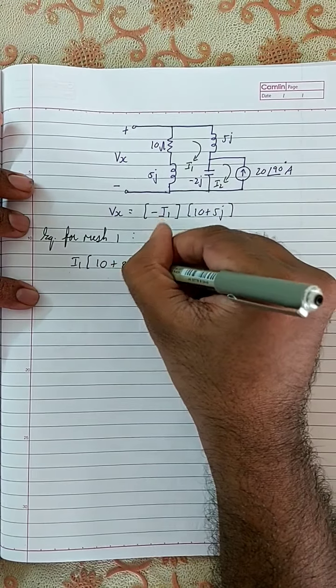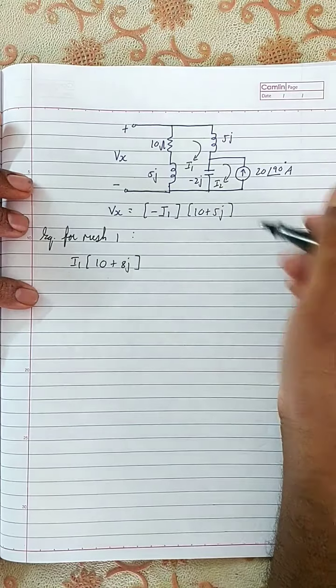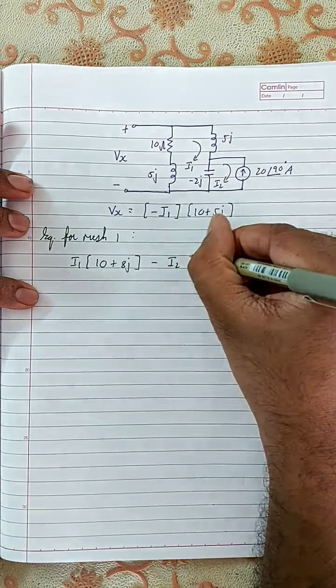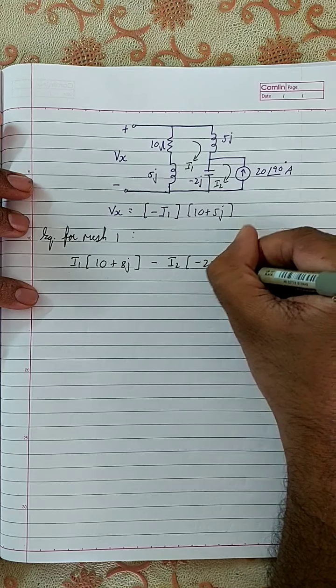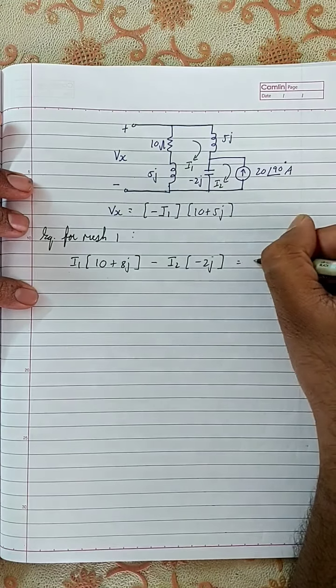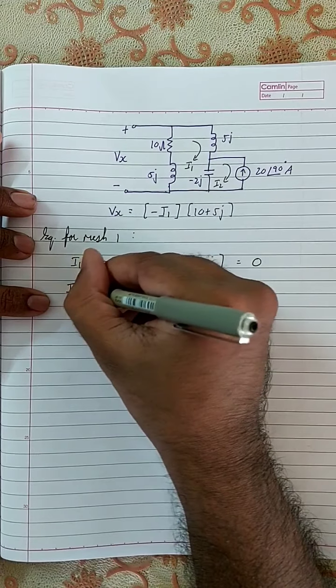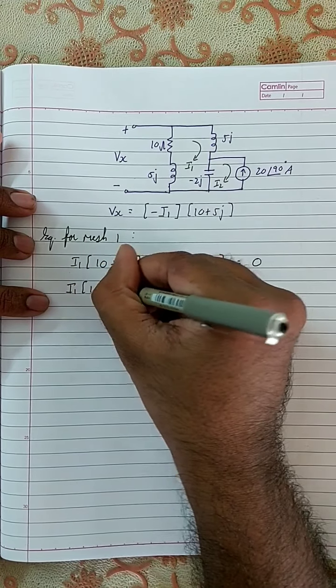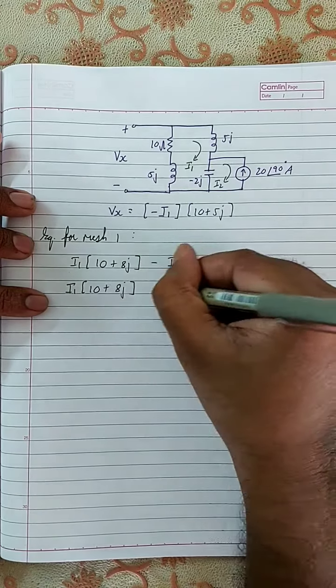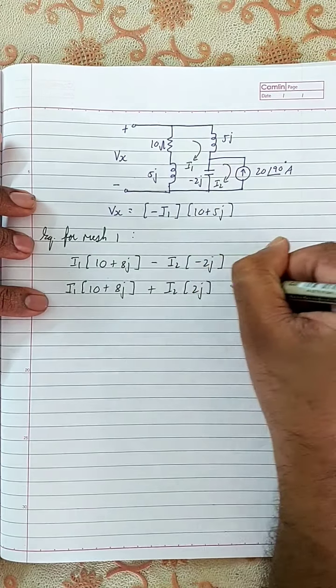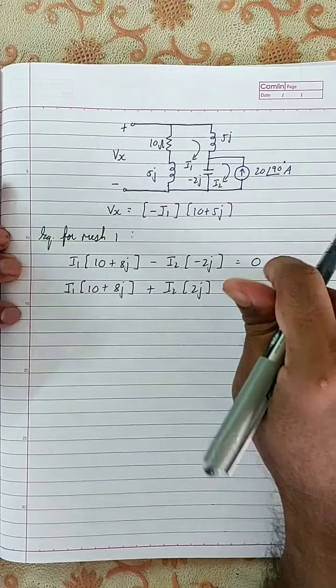So 10 plus 8j, minus I2 into minus 2j is equal to 0. In other words, it is I1 into 10 plus 8j plus I2 into 2j is equal to 0. This is the equation for mesh 1.